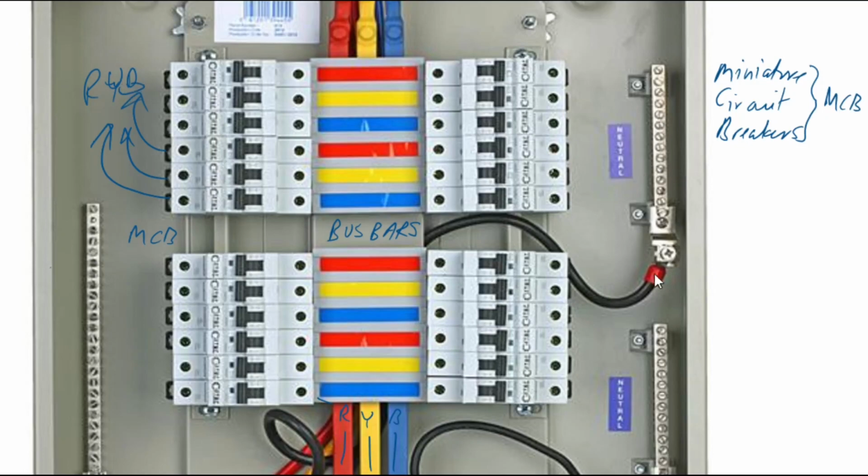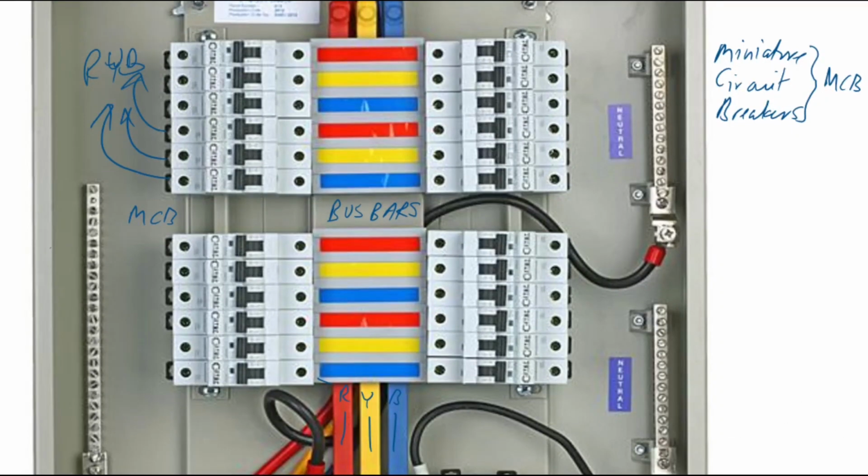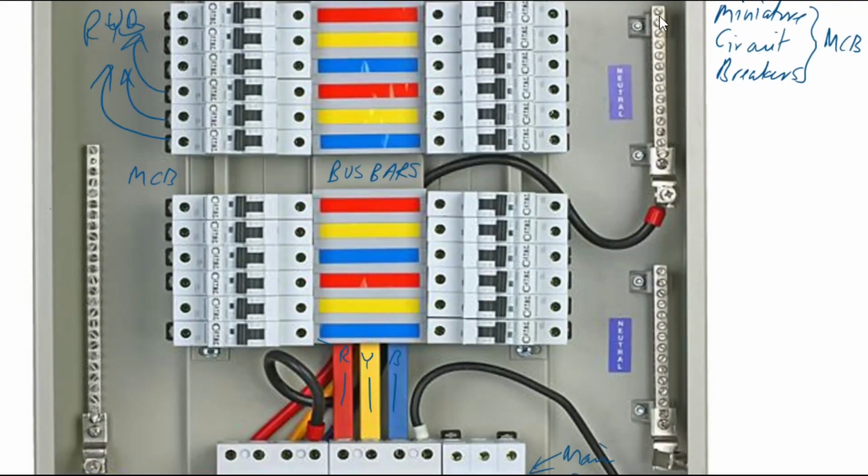The neutral wires are these black ones that are indicated here. So the neutral will have its own bus bar indicated here, and you can see the word neutral written next to it. So those neutrals will have various points at which you can connect now to circuits.